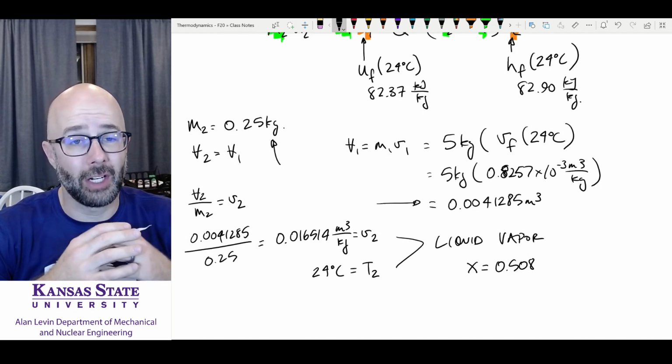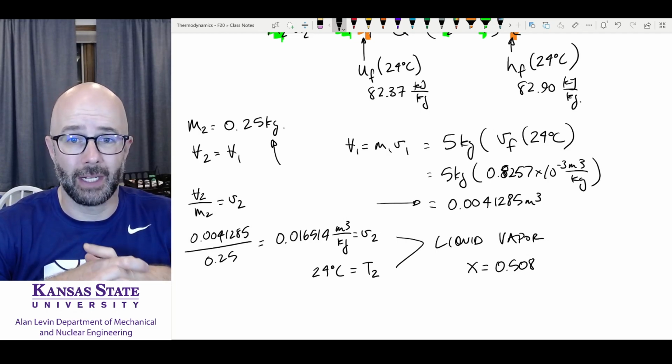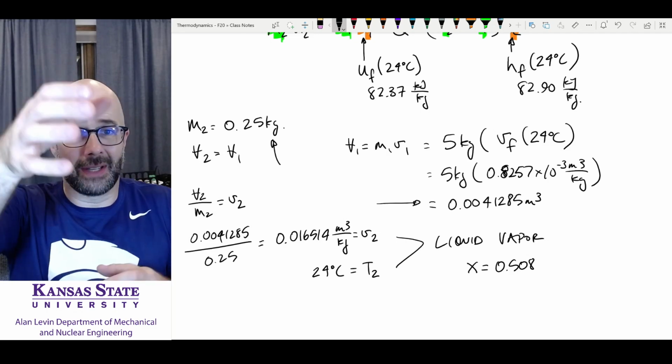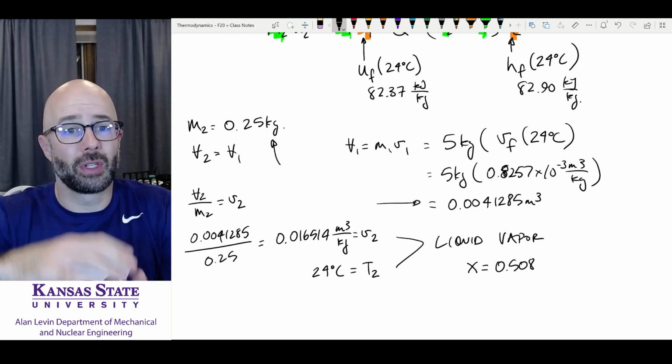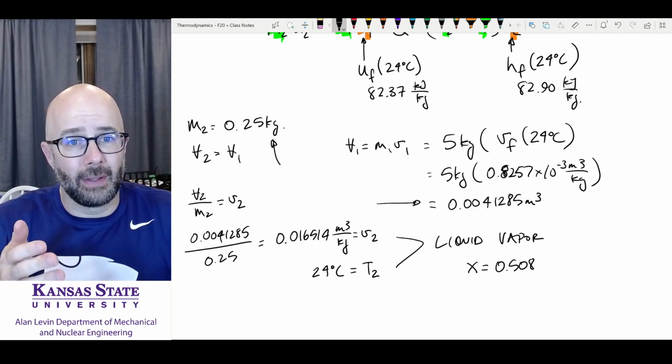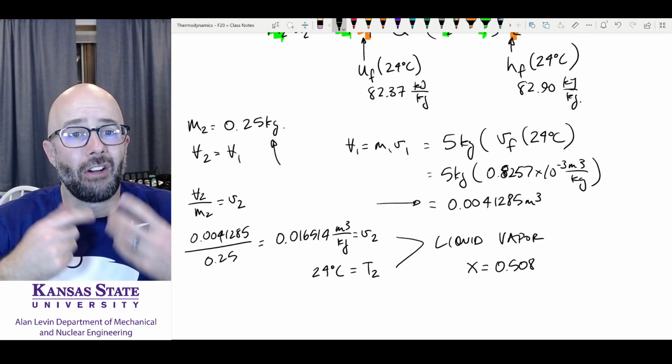All right, so that's a very important thing. If we turn this can upside down, the vapor portion is at the top, and the liquid portion comes down to the bottom. But now I know the quality, and since I know the quality, I can find all other states.